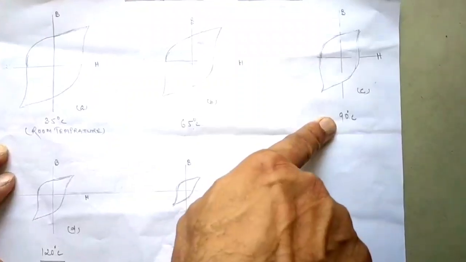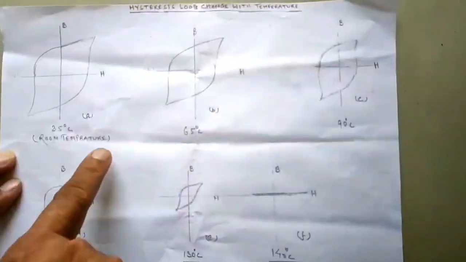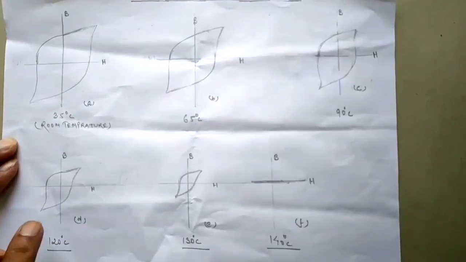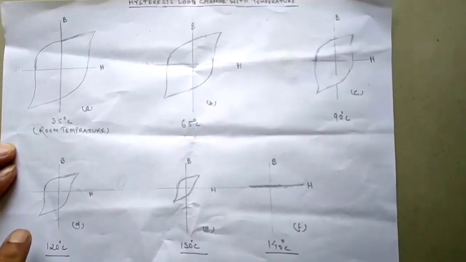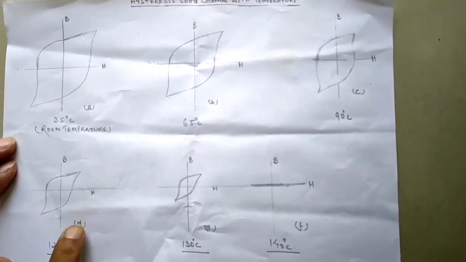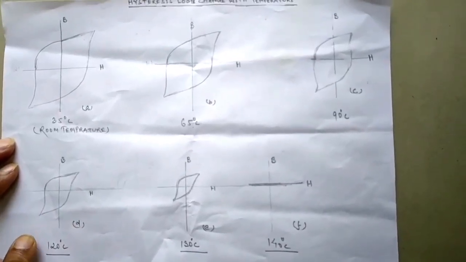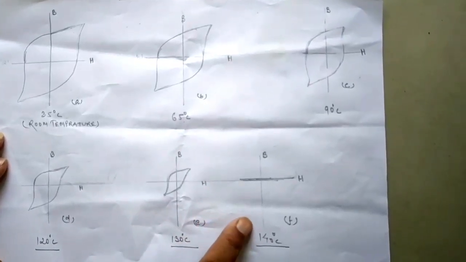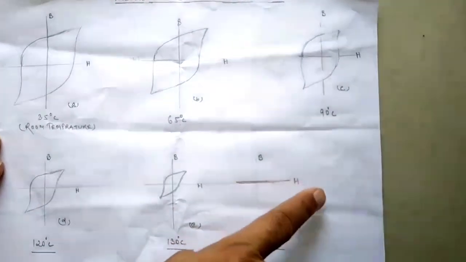Why does it distort? Because the existing domains are distorting now, and because of the distortion of the domains, the shape of the BH loop is going to change here. So now you can see that at the end, at 140 degrees centigrade, it flattens out.